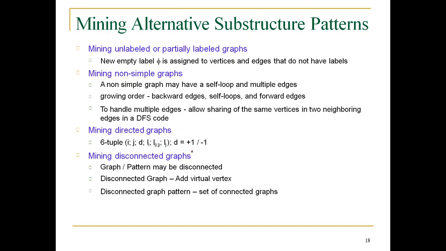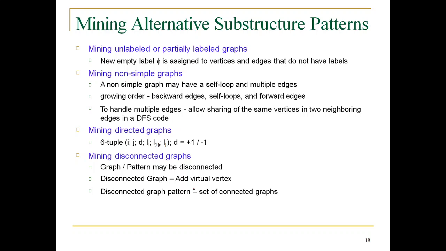Then coming to the disconnected graphs. In this we have two cases. One, the graph datasets may be disconnected, and the other one is the graph patterns may be disconnected. In the first case, we can transform the original dataset by adding a virtual vertex.